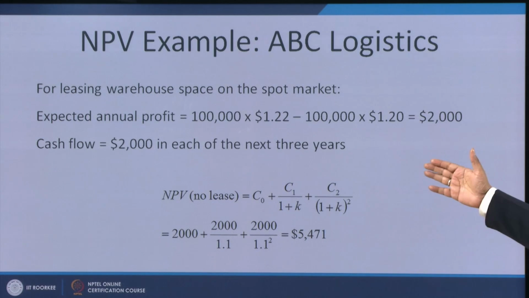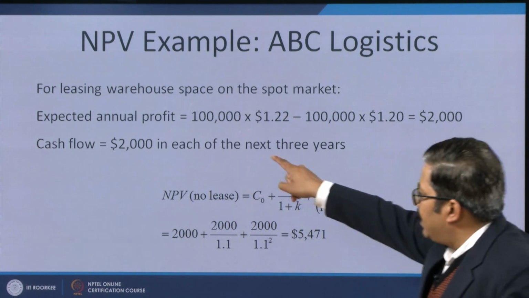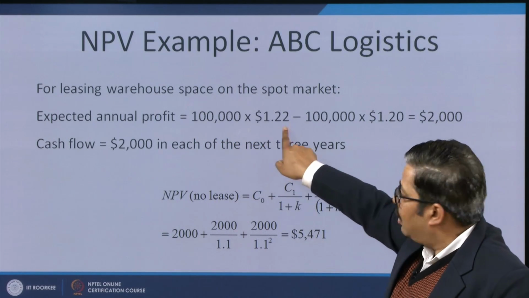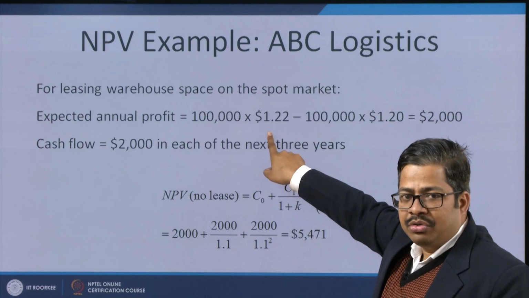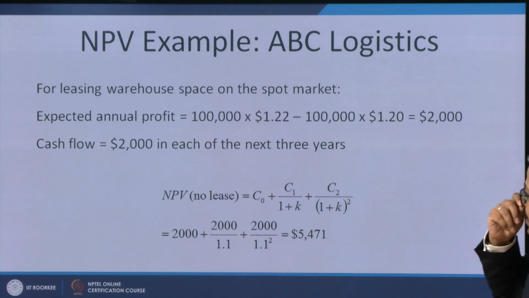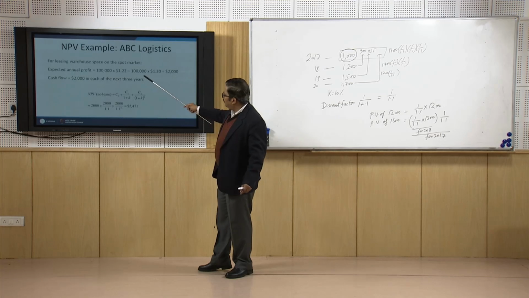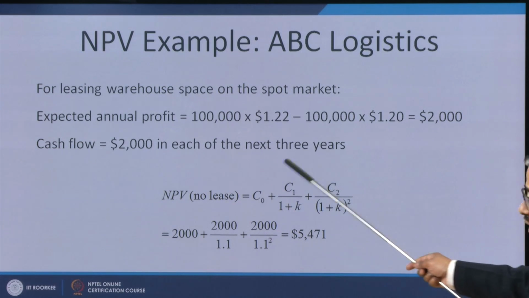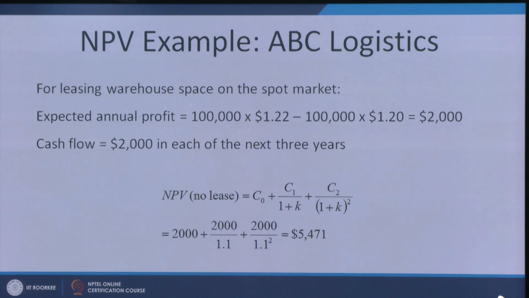This is the annual demand, this is the revenue, $1.22 per unit, and in the spot market you are paying $1.20 per square feet. So your expected annual profit is 2000 rupees. Now 2000 rupees you are getting in all 3 years. For all 3 years the profit is the same, 2000, 2000, 2000.